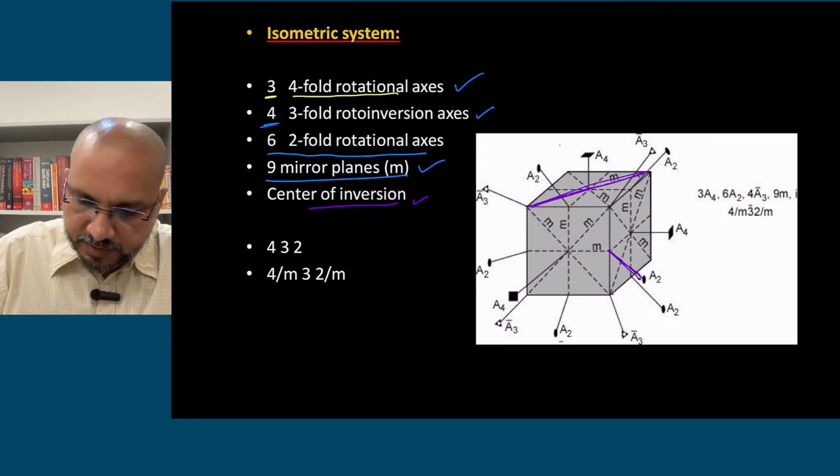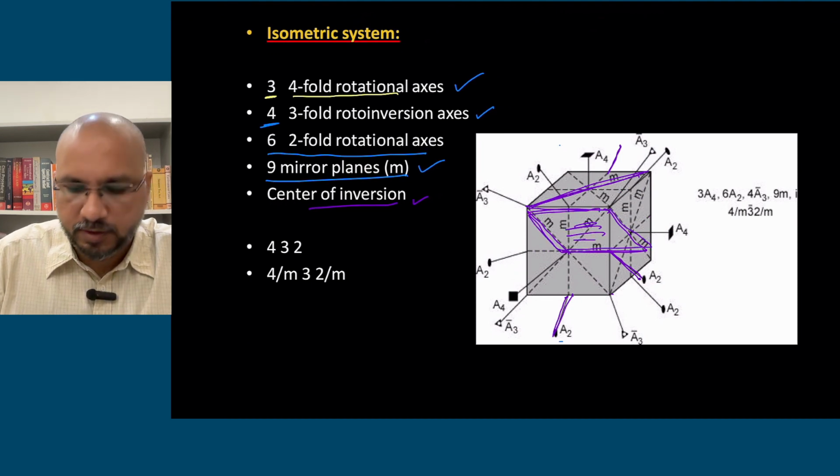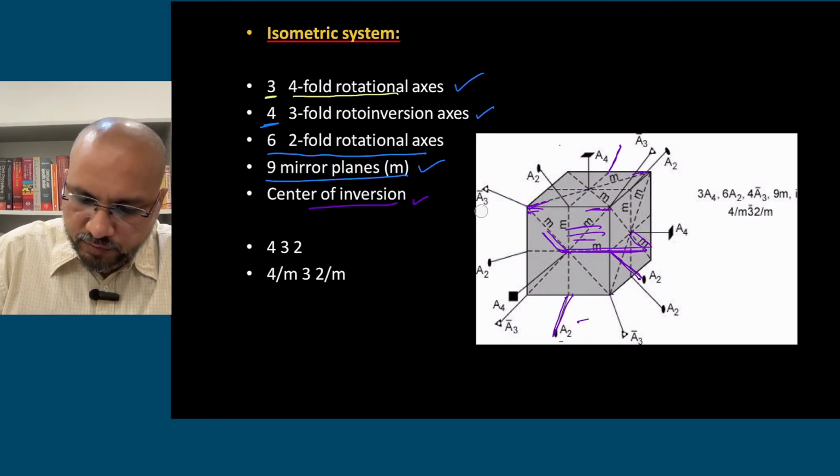For this 2-fold rotation axis which is passing through the upper side, there is also a mirror plane perpendicular to it. So there are mirror planes which are also perpendicular to the 2-fold rotation axis. So you will write 2/m.